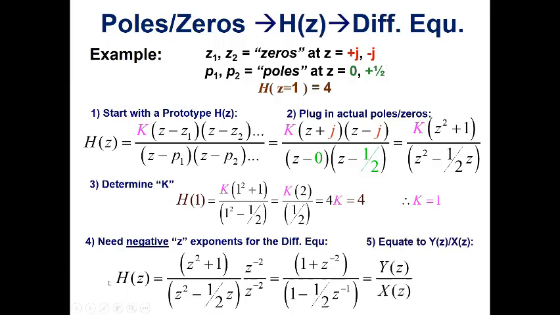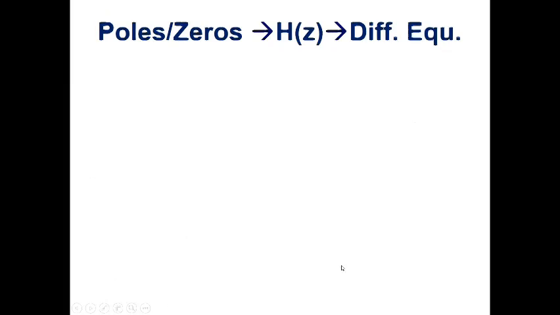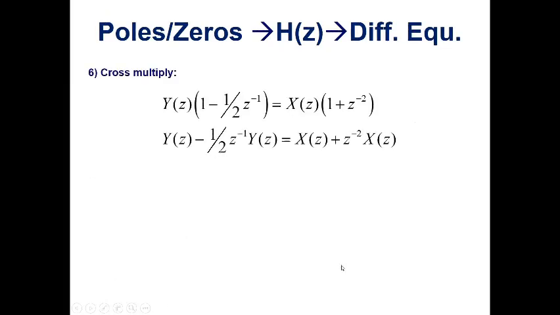We equate that to H(z) as Y(z) over X(z). Then cross multiply: Y(z) times the denominator equals X(z) times the numerator. Distribute in our Y(z)s and X(z)s, and we have the difference equation in its Z-transform version.